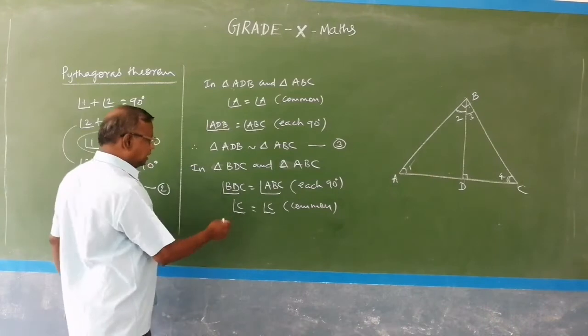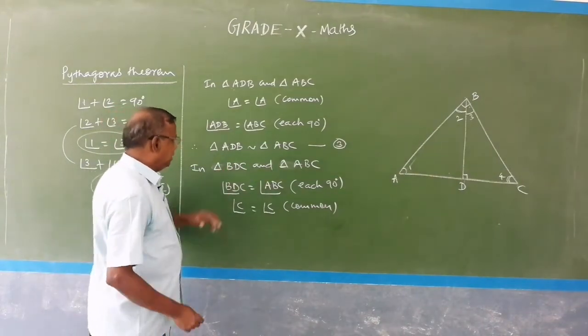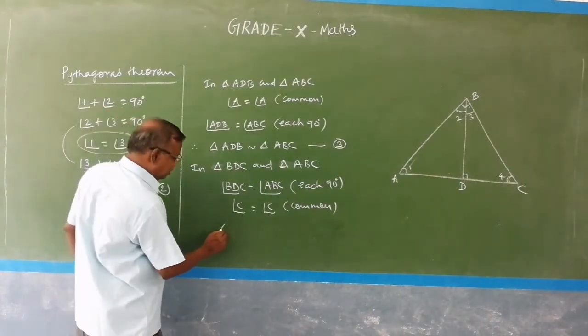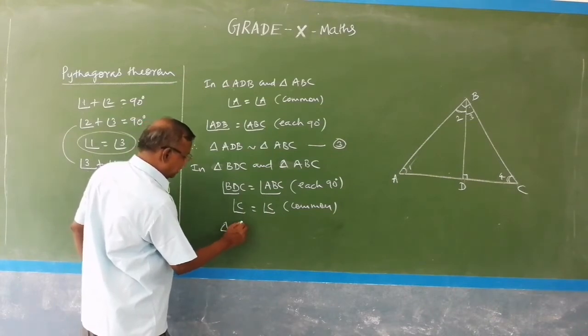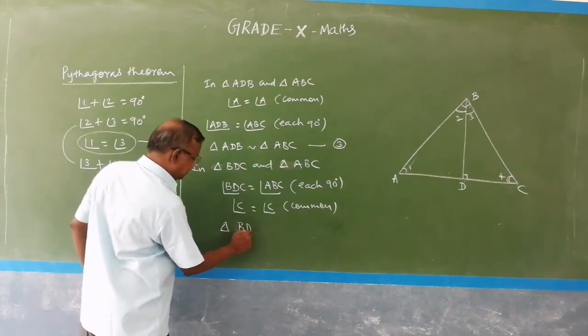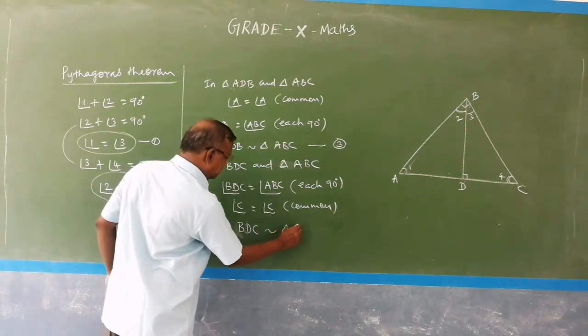Therefore, the triangles BDC and ABC are similar by AA similarity criterion. Therefore, triangle BDC is similar to triangle ABC.